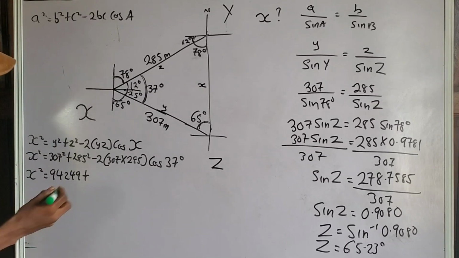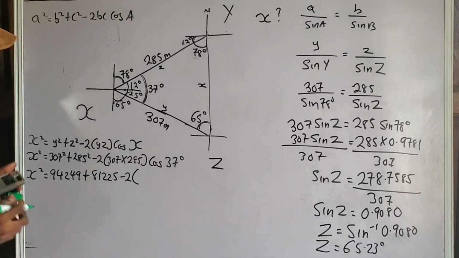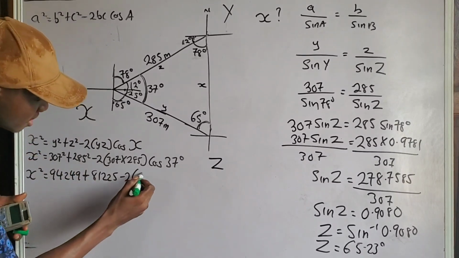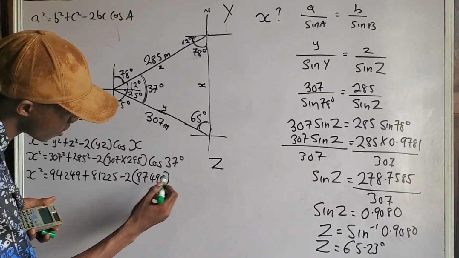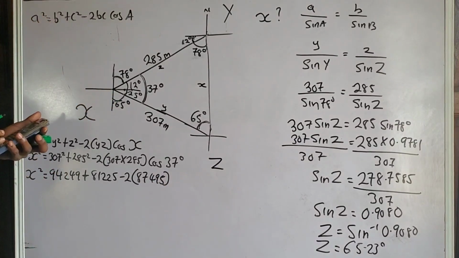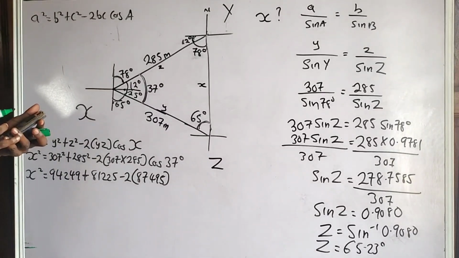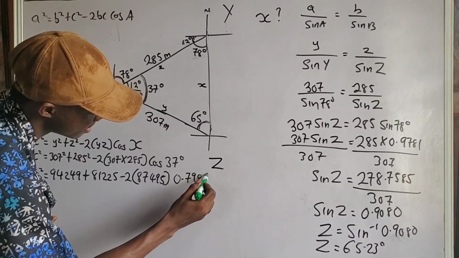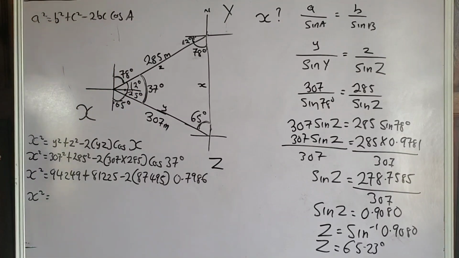So I'm going to have plus 81,225 minus 2 multiplied by 307 times 285, that is 87,495, cos 37 degree. Cos 37 degree is 0.7986.